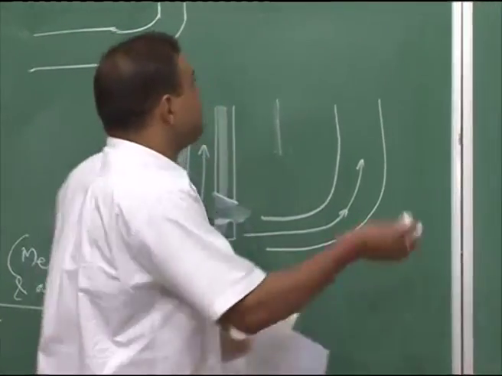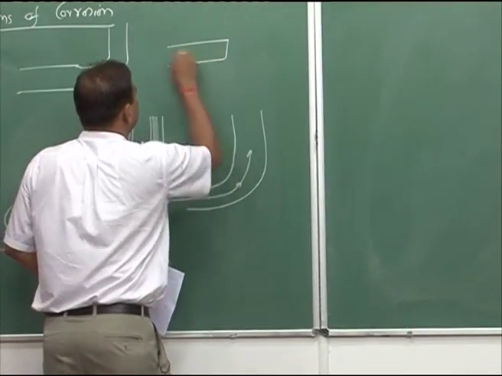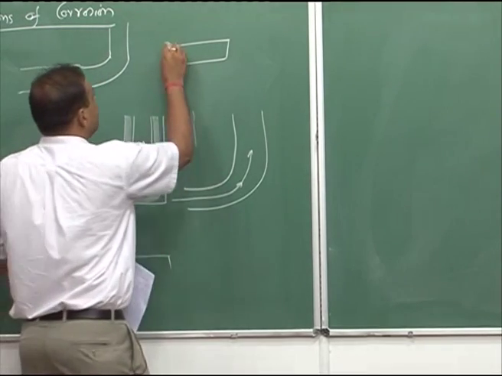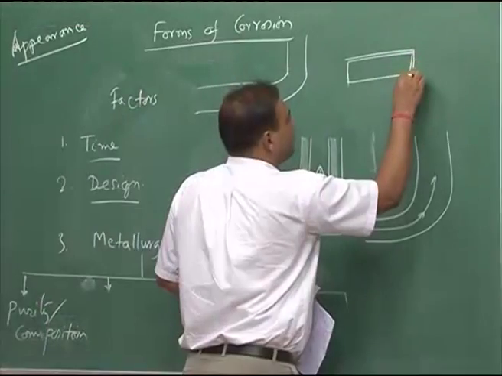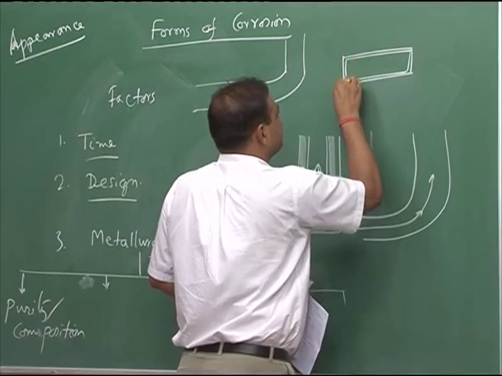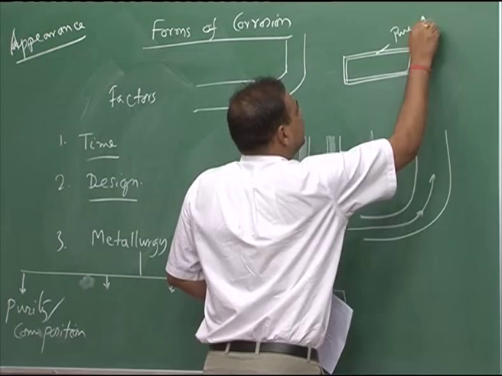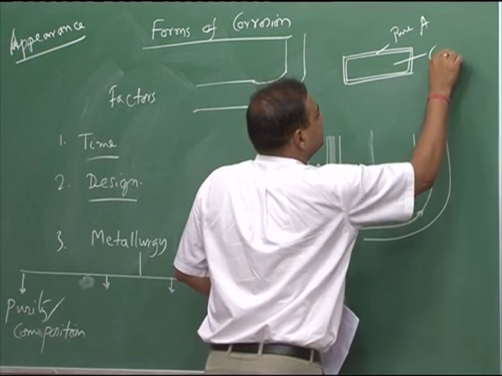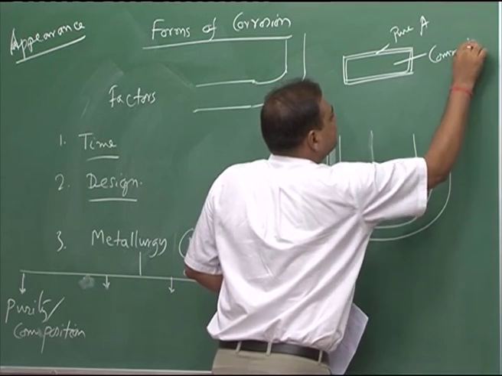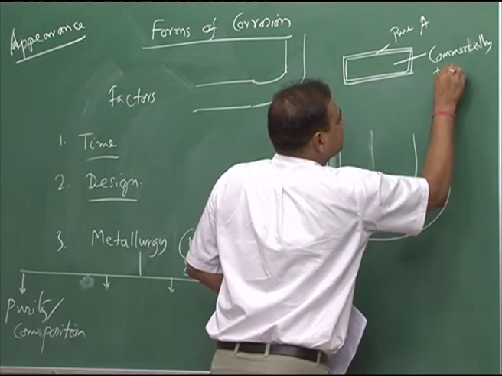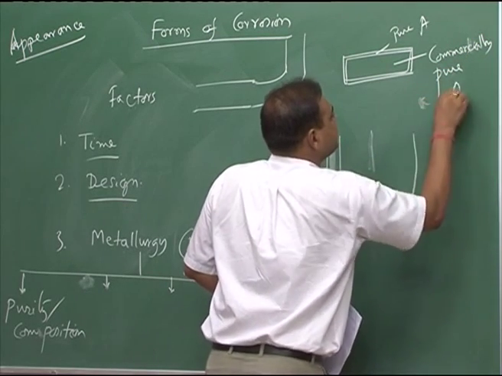That is why, if we have a component of commercially pure aluminum, we generally have a clad of very pure aluminum on it.